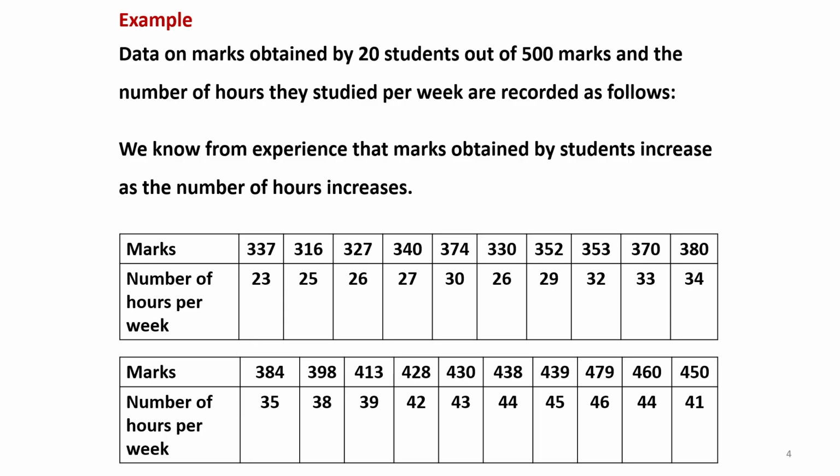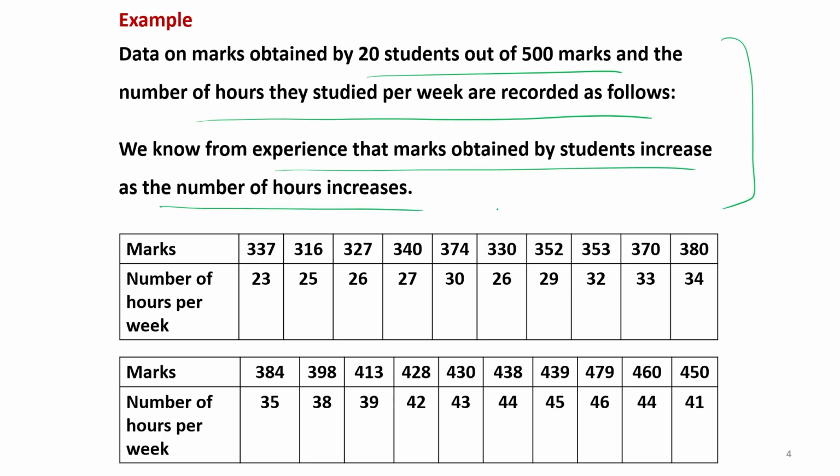You can recall that in the last lecture I had considered this example where we have collected data of 20 students on the marks obtained out of 500 in an exam, and the data on how much they have studied in a week. We know from our experience that when students study more, they get more marks.